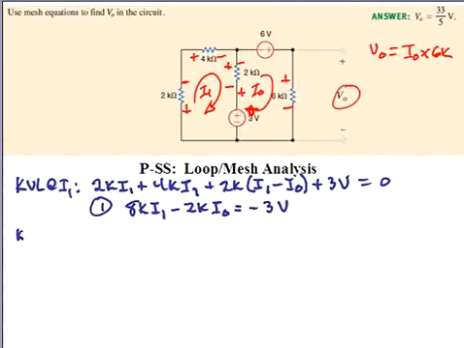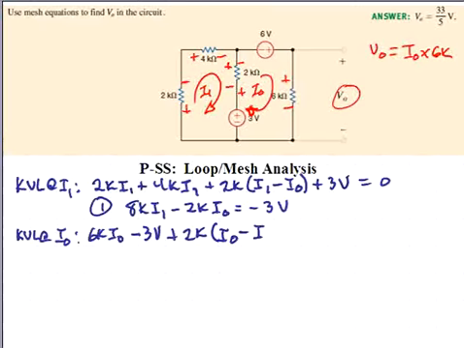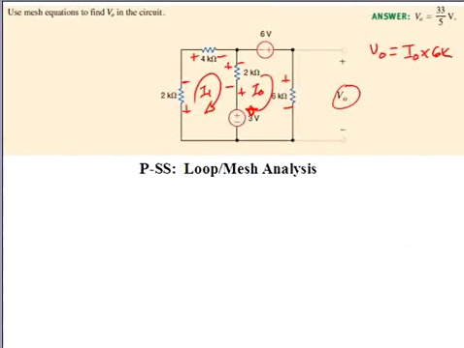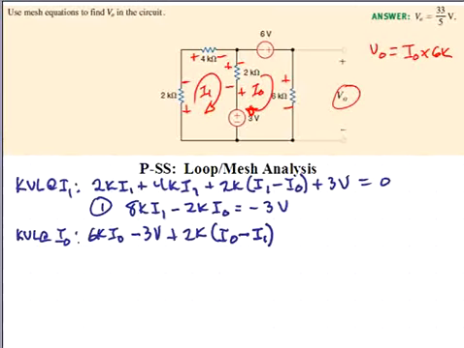And similarly, we'll do a KVL around the mesh current I sub O. We have 6K I sub O minus 3 volts plus 2K times the difference between the two counter-flowing currents, IO minus I1, minus 6 volts is equal to 0.